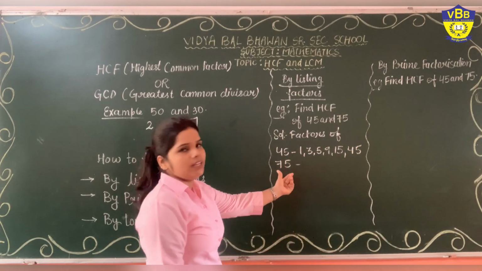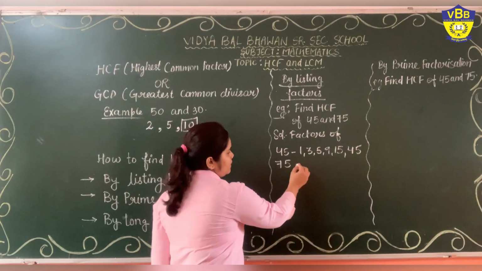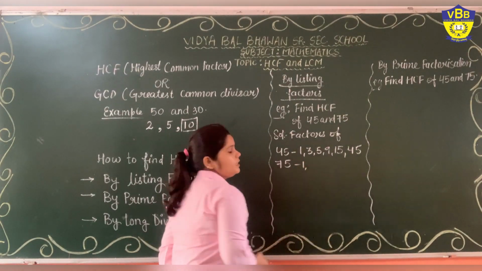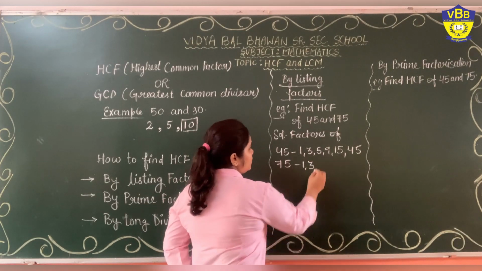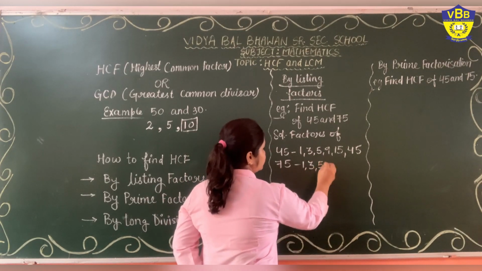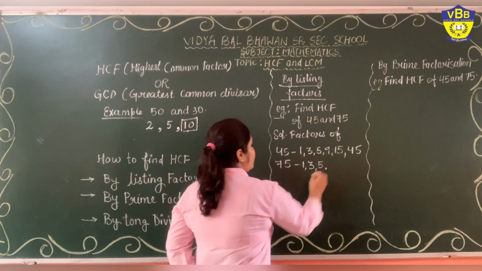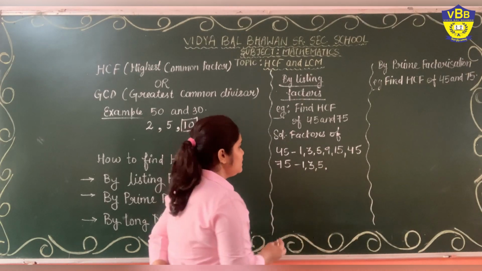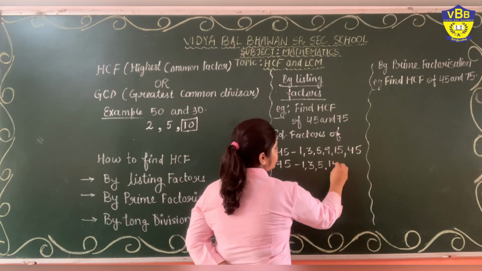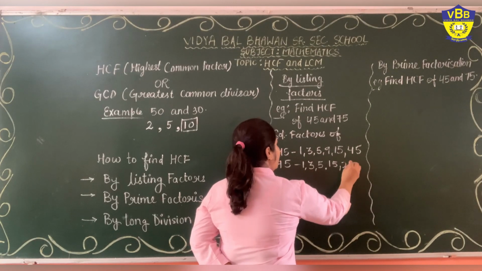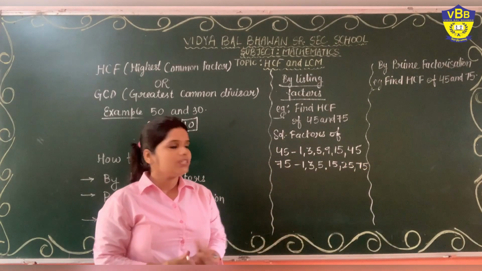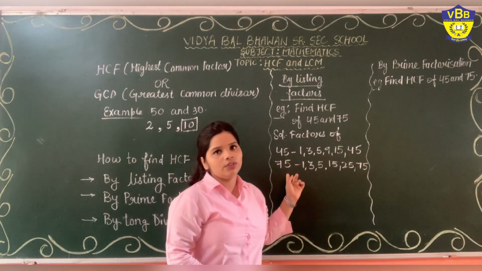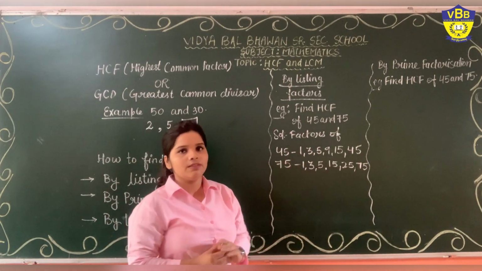Similarly, list all the factors of 75. 75 comes in the table of 1, 3, 5. After that it comes in the table of 15, 25 and the last one, 75. So we have listed all the factors of the given numbers 45 and 75.